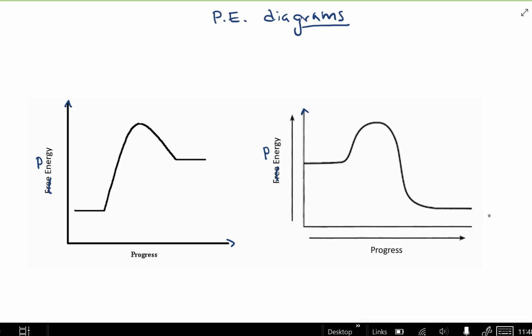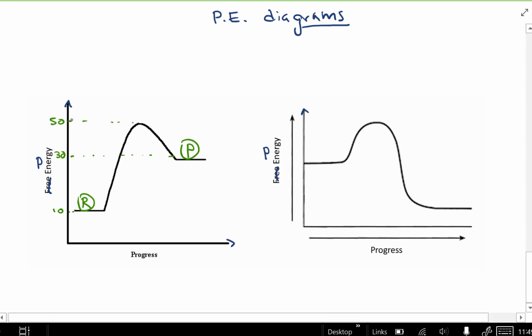Okay. Now this one. Yeah, she got a nice picture here. PE diagrams. We're going to talk about reactant going to product. So it's the potential energy diagram, and I arbitrarily put 10 and some numbers here. Because the y-axis is in joules, let's say 10, 30, 50, something, just roughly.